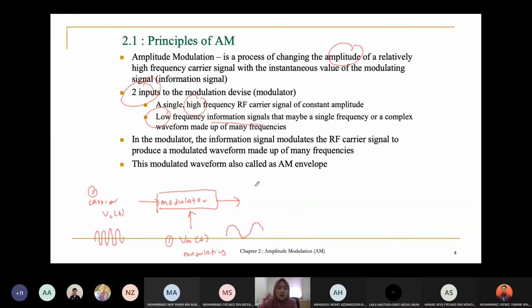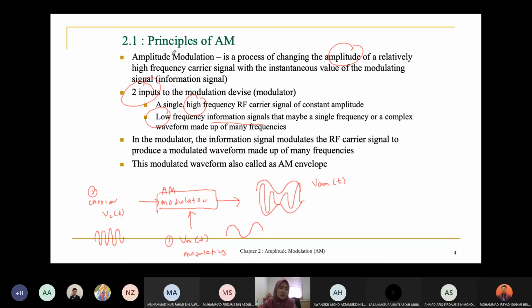Okay, so the output of this is an amplitude modulator. The output of the AM modulator, you will have something like this. This one we call the modulated signal.